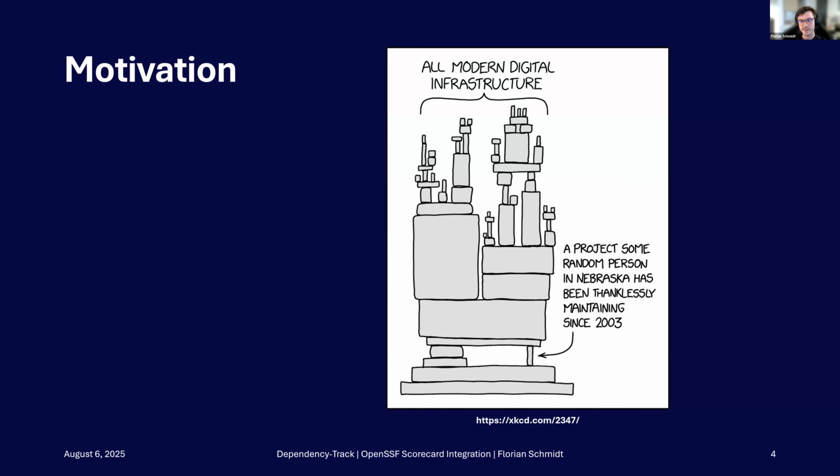So the conclusion in this case, of course, is that it's crucial to understand your dependencies and to know what's going on in your projects and in your SBOMs, and Dependency-Track helps with that, of course, and we want to improve that even further.